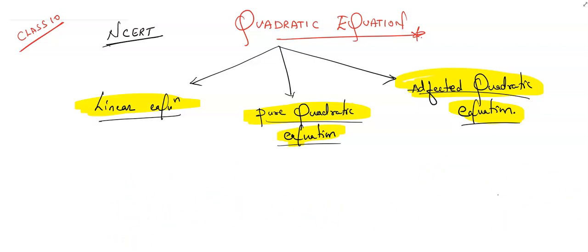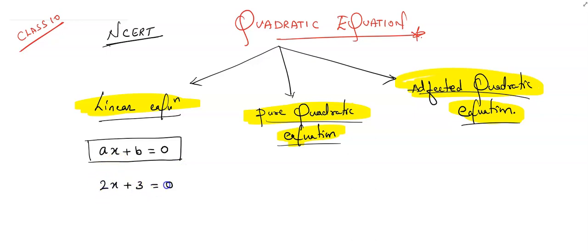Now linear equation means an equation which involves a variable whose highest degree is 1. Let the example be ax plus b is equal to 0. Children, this ax plus b equal to 0 is the linear equation. Example, let me say 2x plus 3 is equal to 0. We can see in the place of a we have 2, in the place of b we have 3.